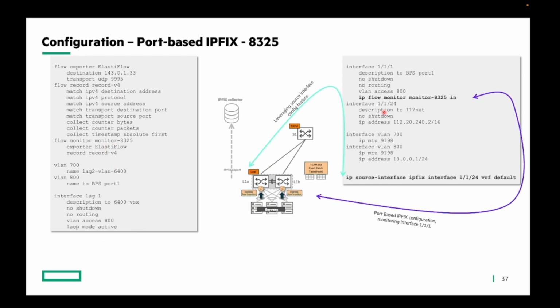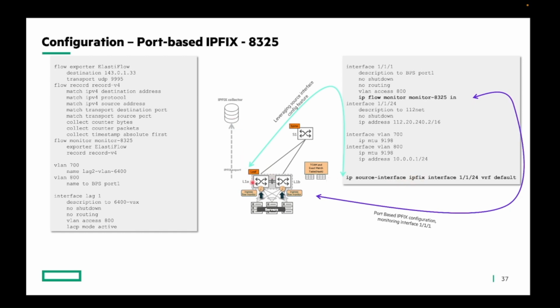On the interface, this is port based, so I'm getting into the interface and defining the IP flow monitor and calling that monitor in the ingress direction. So I'm trying to highlight that this is the command to have port-based IPFIX configured on an interface of the 8325. I'm also using the source interface IPFIX feature to specify where my exporter is.